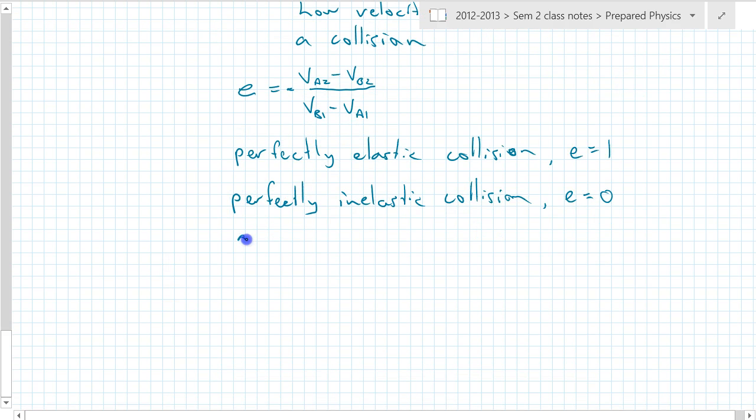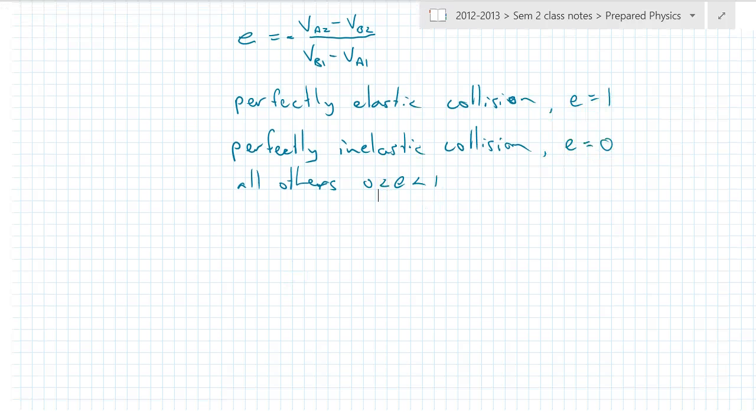And for all others, which is really the majority of collisions, e is greater than or equal to 0 and less than 1. But for others, it's between 0 and 1.